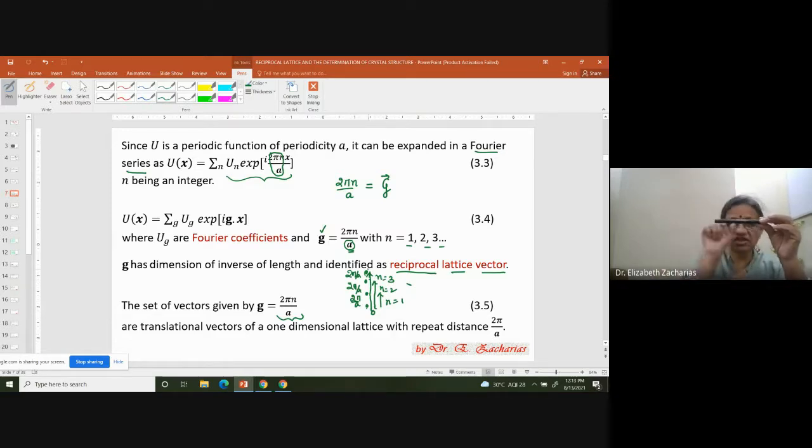This is one dimension and the gap between them is A. Then the reciprocal lattice for this one-dimensional structure will be this, and the gap between the lattice points will be 2 pi by A. This much you have understood, then a lot of headache is over.